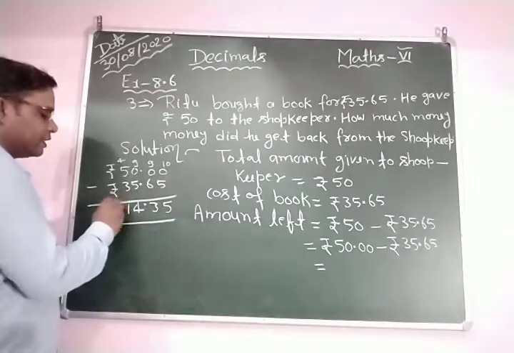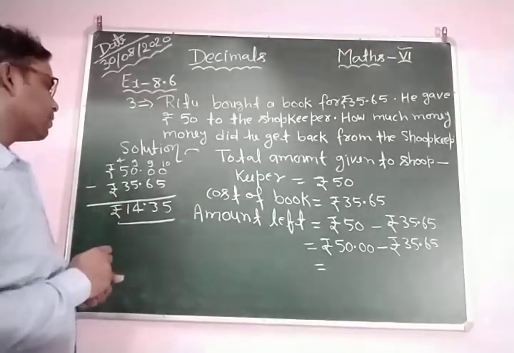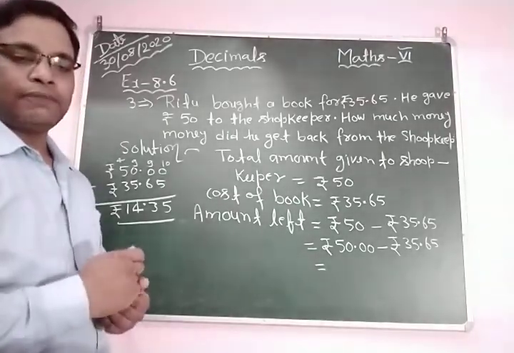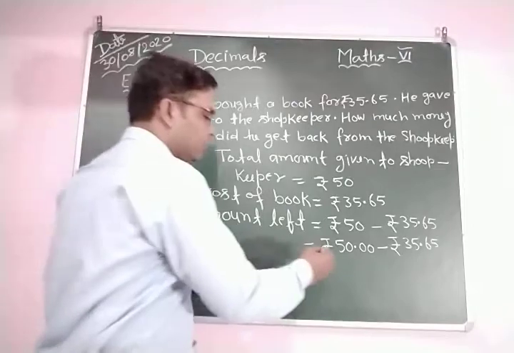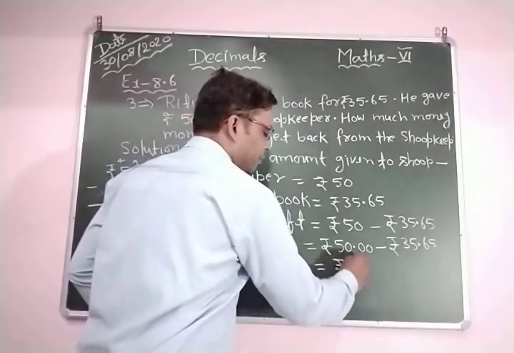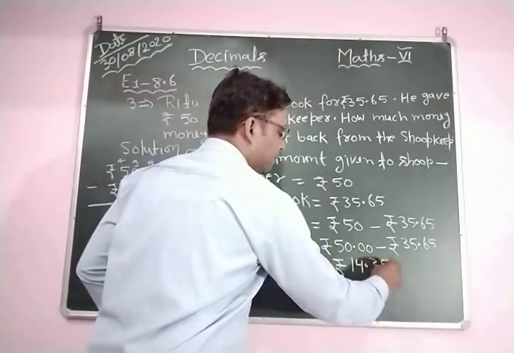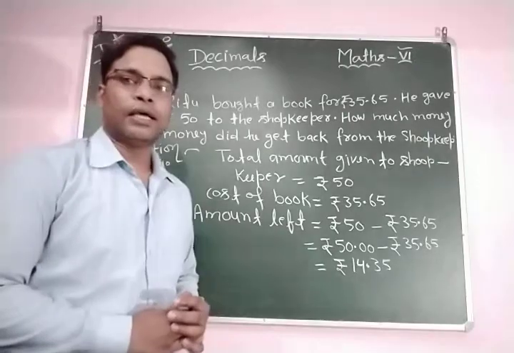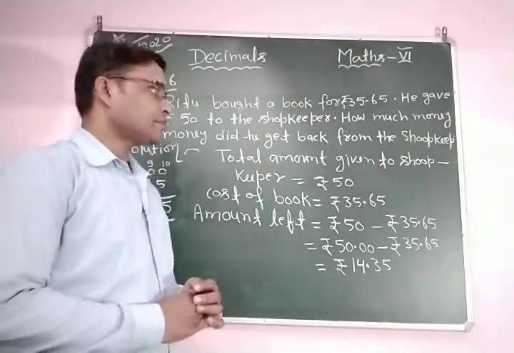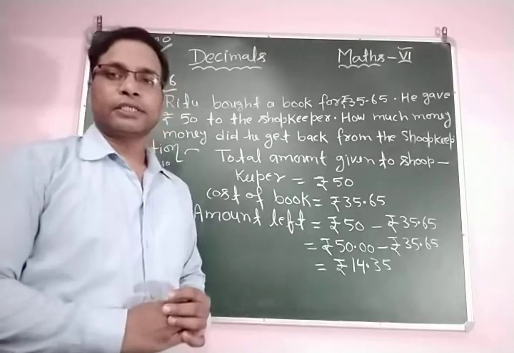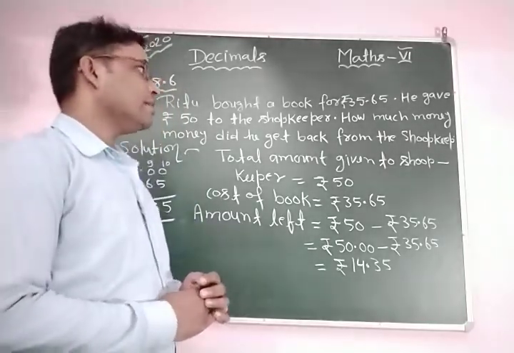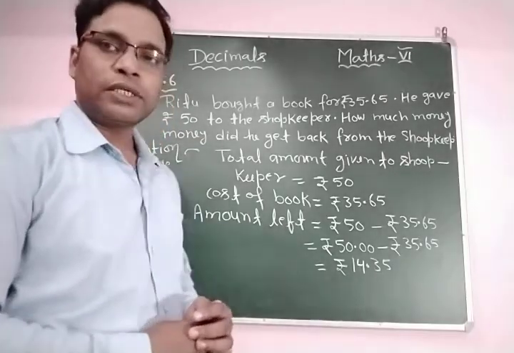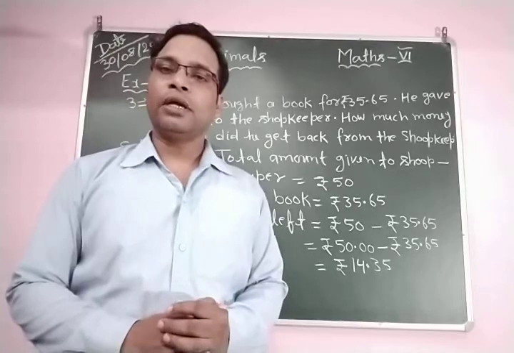So you can see the money returned by the shopkeeper is 14.35 rupees. Here you can write 14.35 rupees. So student, in this question Ritu bought a book for 35.65 rupees, and she gave 50 rupees to the shopkeeper, and the question asks what amount was returned by the shopkeeper to Ritu.